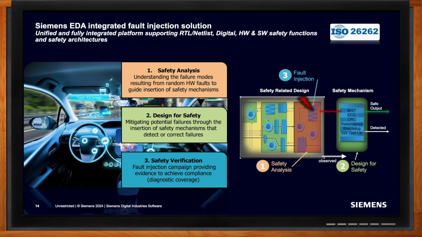So, safety analysis is what Ann mentioned earlier with the safety scope product. It does a structural vectorless analysis of the design. And at the end of the day, what it's accomplishing is generating the most highly optimized fault list.